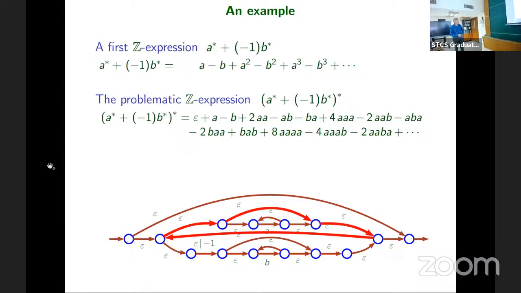Okay, from an automaton, you can always compute an expression. Yeah, but this is completely formal. You have an automaton, and you can replace every transition, every label, by a certain letter.